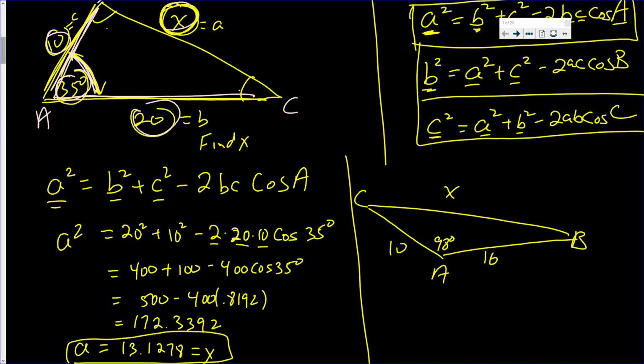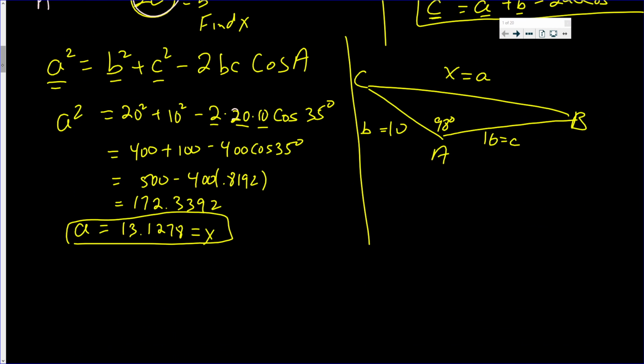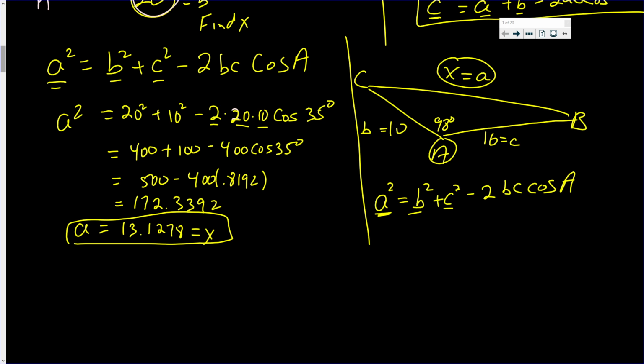A, B, C. So opposite angle B is little b, opposite angle C is little c, and of course opposite A is angle A. So the unknown, whether it's the side or the angle, that little letter goes first, a squared. And like the Pythagorean theorem, it equals b squared plus c squared. But then you take away 2bc cosine of big A.